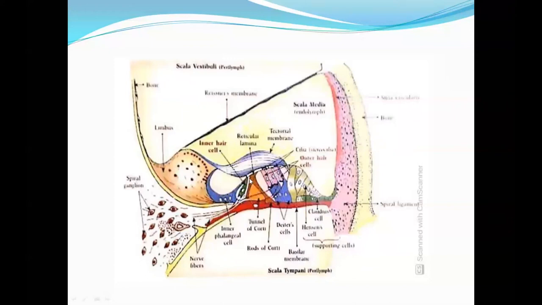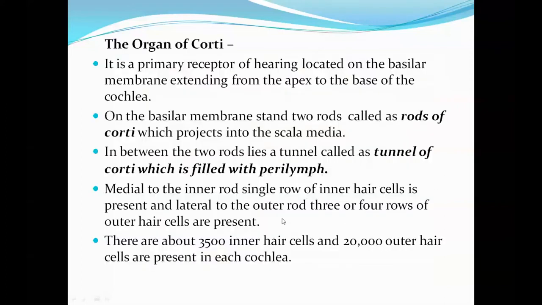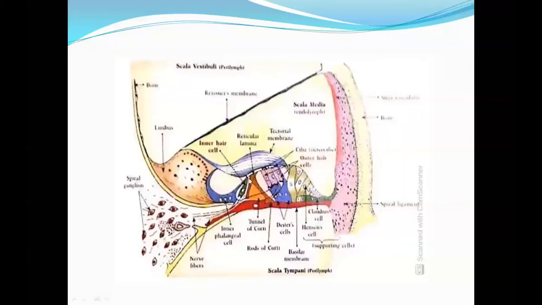Medial to the rod of Corti is the inner hair cell, and lateral or outer side are the outer hair cells. There are 3 to 4 rows of outer hair cells, and medial to the rod is the inner hair cell.